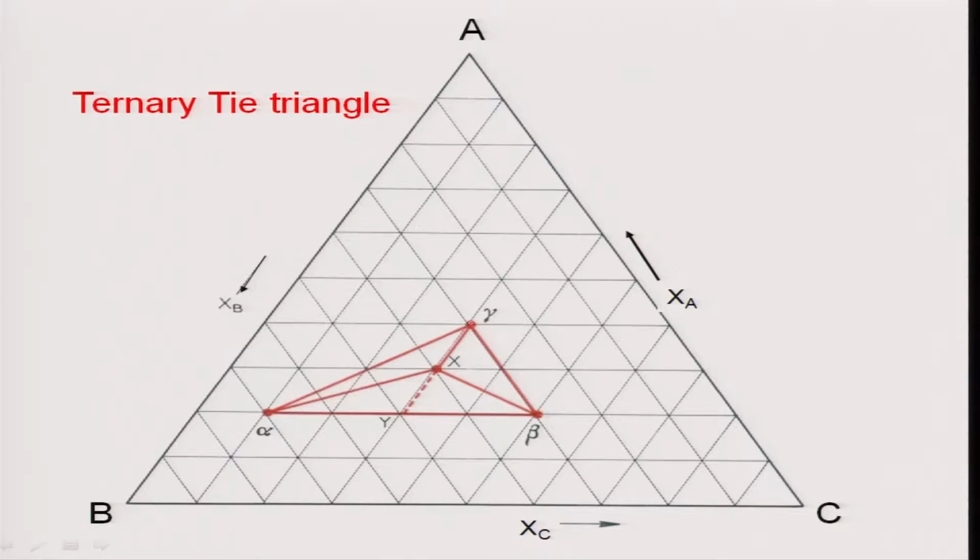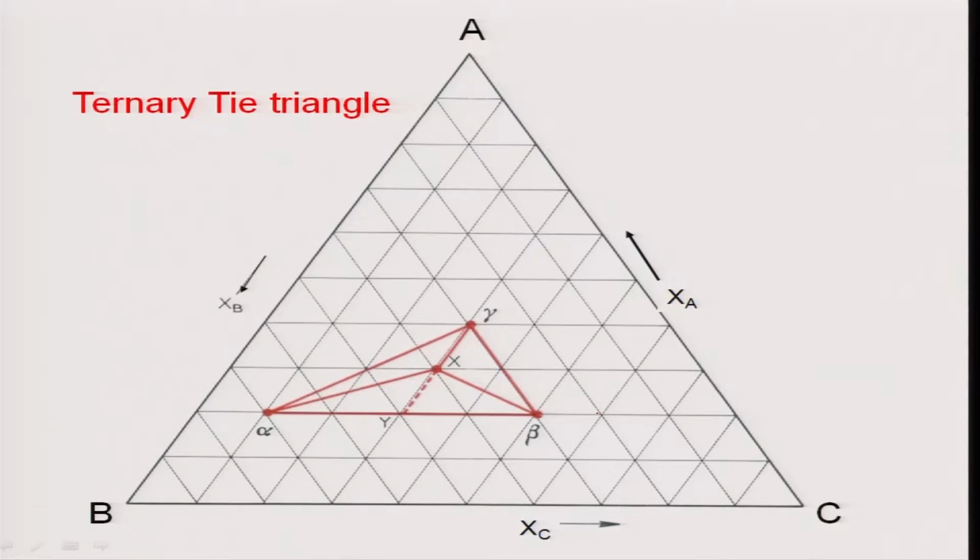First thing I do is connect this point gamma to X and extend it up to Y, correct. Now listen carefully. So now this is my tie line. I can measure the compositions of this point and this point by drawing parallel lines with respect to BC.